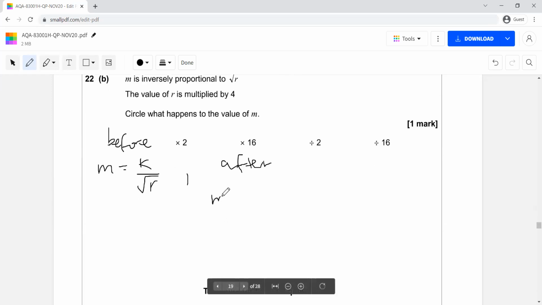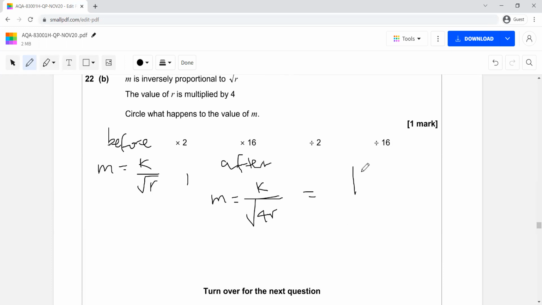So now m is equal to k over root 4r. To see what happens to m, I'm going to split this. It's equal to k over root 4 times root r, which is k over 2 root r.